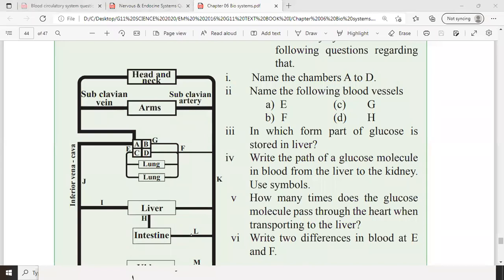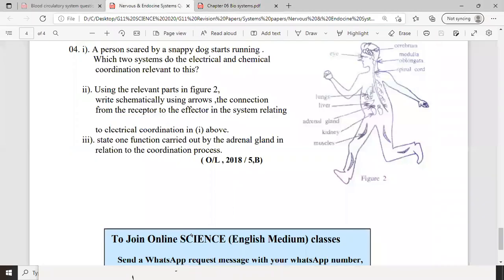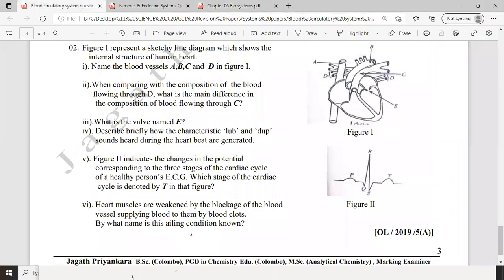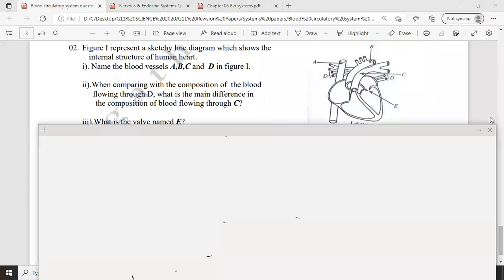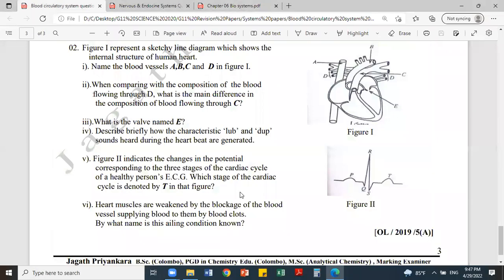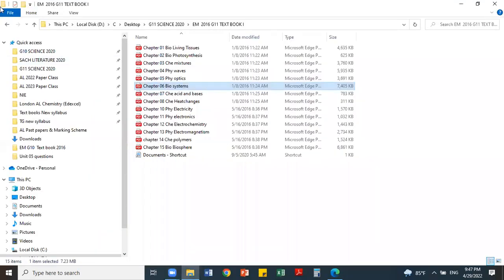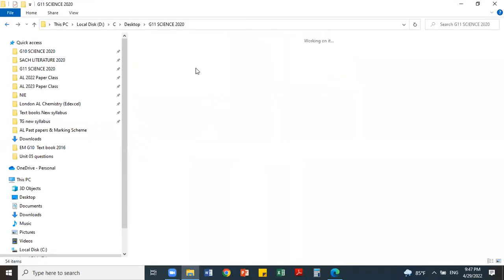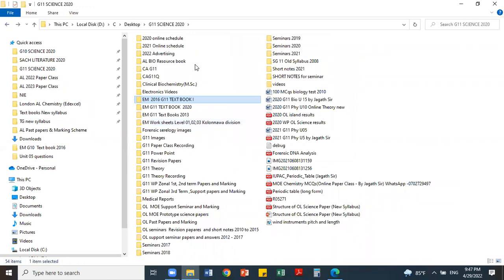Right. Now this also, wait. Saturday night paper class, tomorrow night paper class, I'll be discussing this. So those who definitely have to join the paper class also on Saturday, because this will be more important. This is what we are planning to do over the next few weeks. Grade 11 paper class.